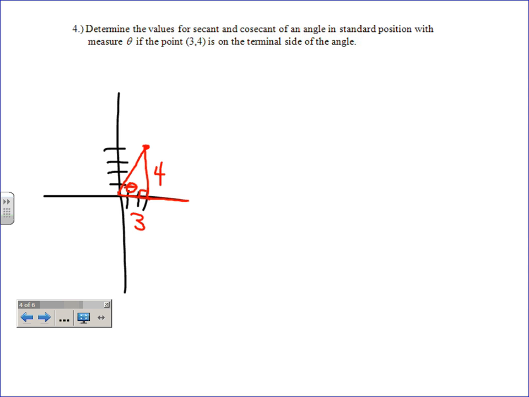I do normally stick with the triples on these types of problems, so you might want to learn them. It's 3, 4, 5, as long as 5 is the hypotenuse. And so once you get the picture drawn, I'm hoping that they become pretty easy. So we're looking for secant of theta and cosecant of theta.